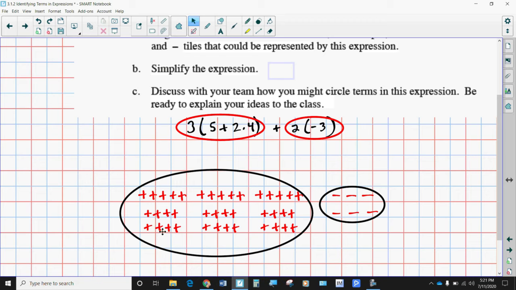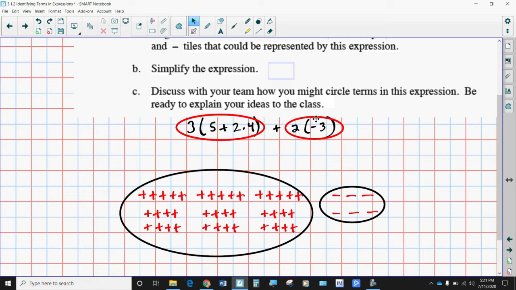So the 2 times 4 is the 2 groupings of 4 tiles each, and that's equal to 8, correct? And then you add to that 5, so this would be a 13, this would be a 13, and this would be a 13. So if we did the order of operations, we would say 8 plus 5 is 13, and now 3 times 13 is a total of 39. So there should be 39 pluses or positives in this particular term.